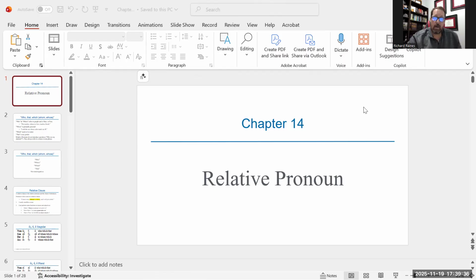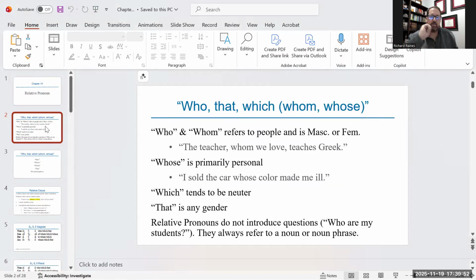So tonight we're talking about relative pronouns. I'm going to be reading some from the book because Mounce does a really good job of saying what I cannot say, and I want to make sure that you get it. So we have relative pronouns in English. The relative pronouns in English are primarily who, that, and which. And you also have whom and whose.